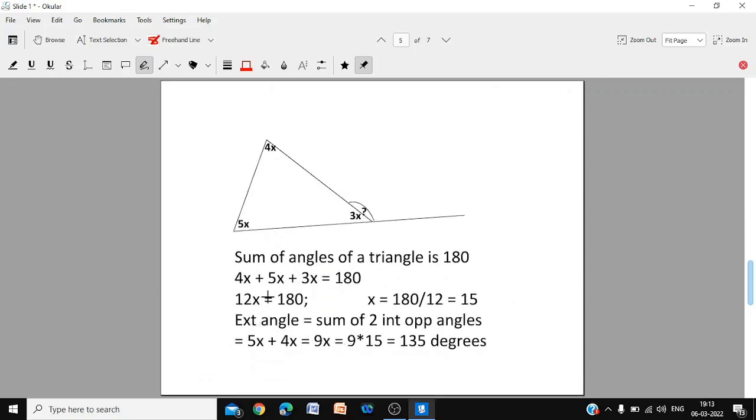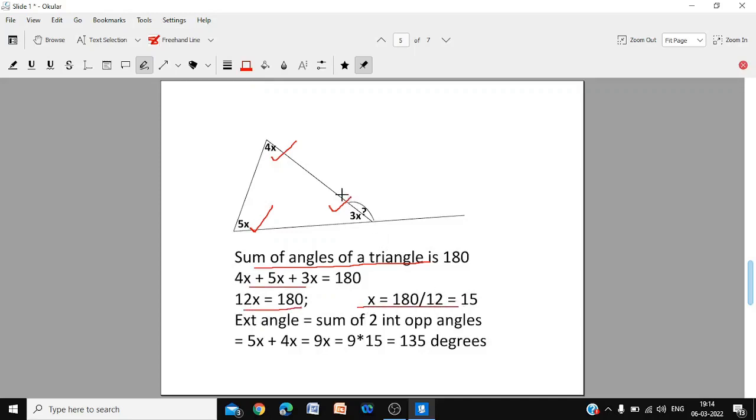Here, sum of the angles of a triangle is 180. So 5x, 4x, 3x, all these together should be 180. So 4x plus 5x plus 3x, that is 12x equal to 180 degrees, x equal to 15.